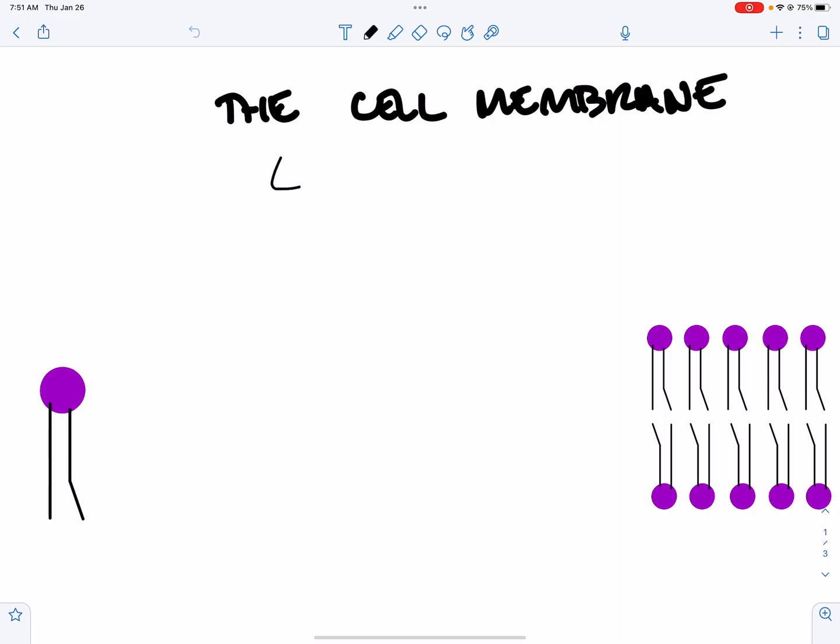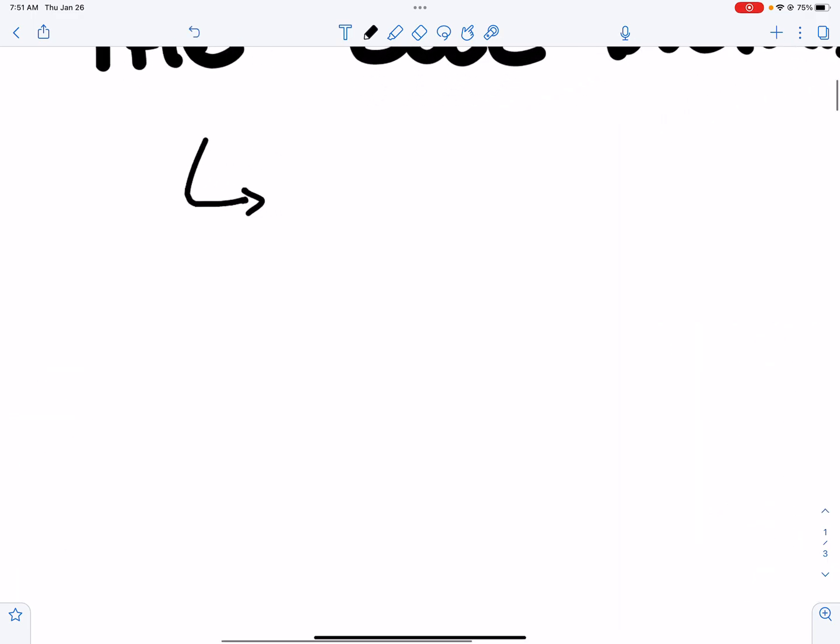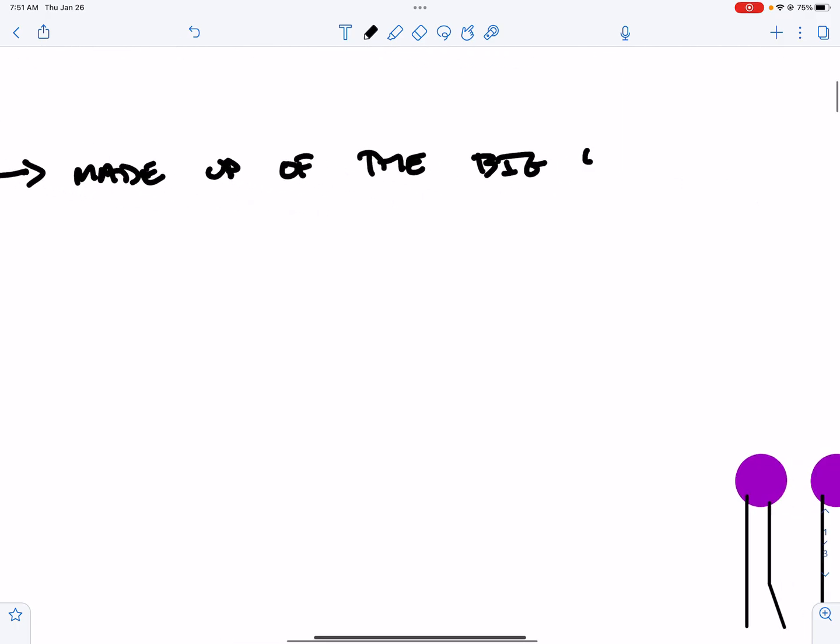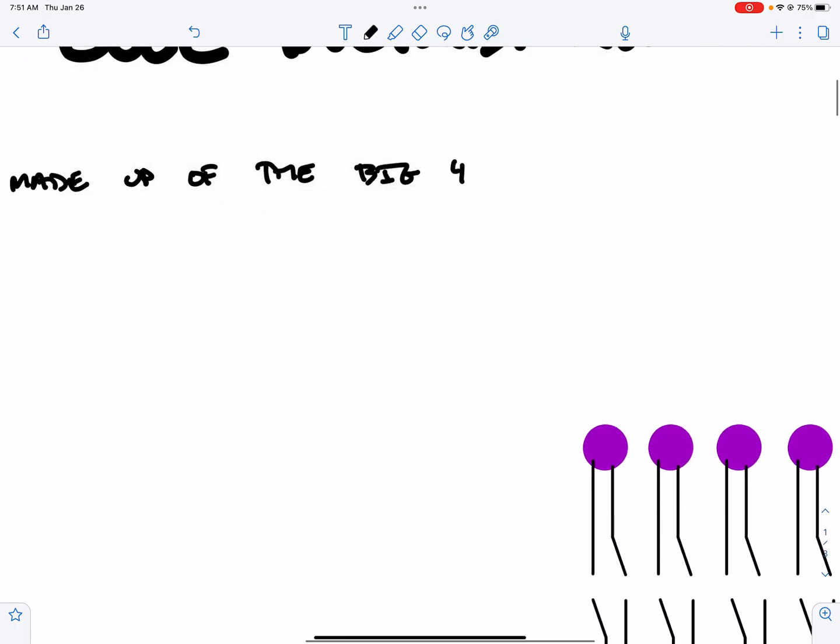Okay, so the cell membrane is made up of the Big Four organic compounds.